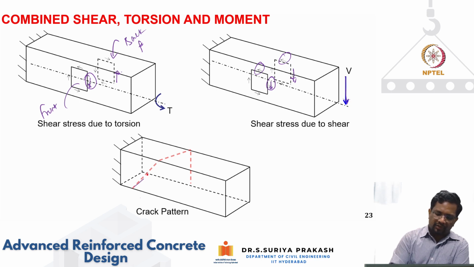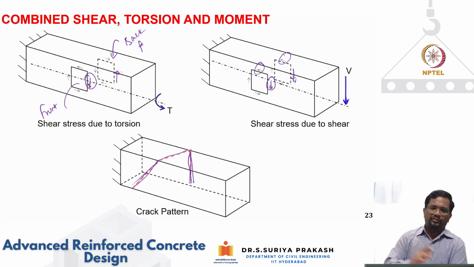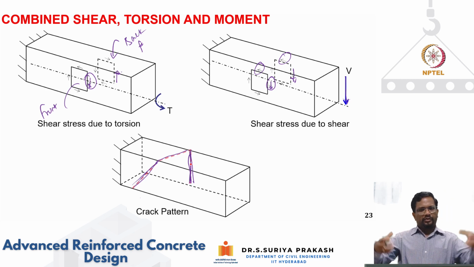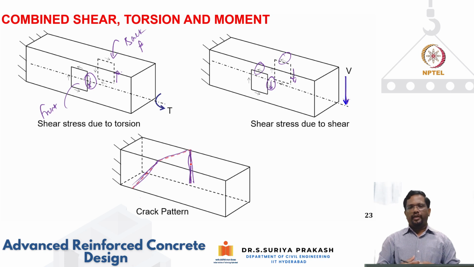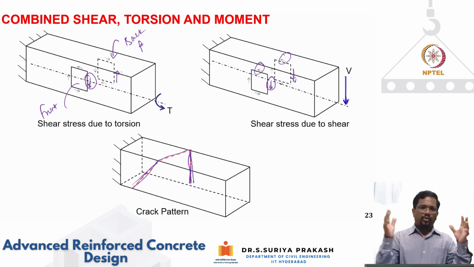Initially, where they add up, the crack will go like this and spiral, but on the other side the shear stresses are getting nullified, negated by each other. So here mostly the cracking will be governed by bending, because torsion and shear are counteracting each other.